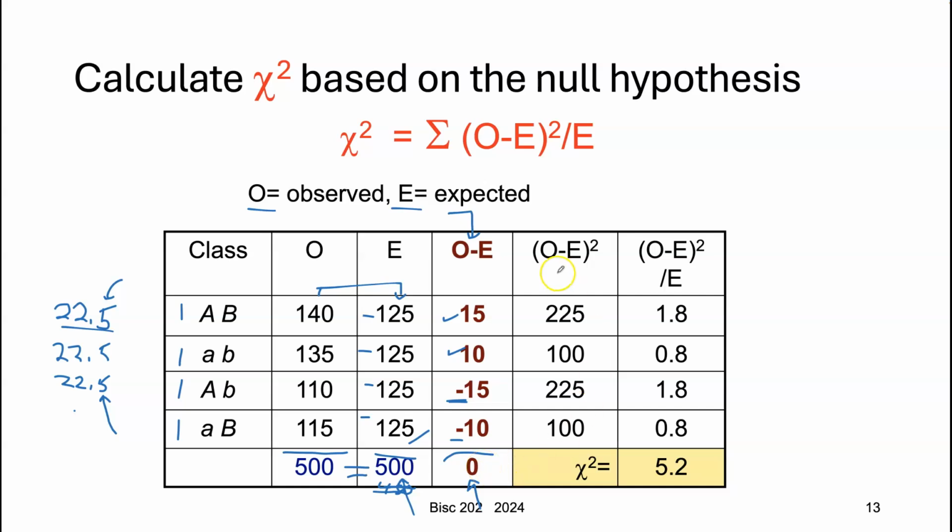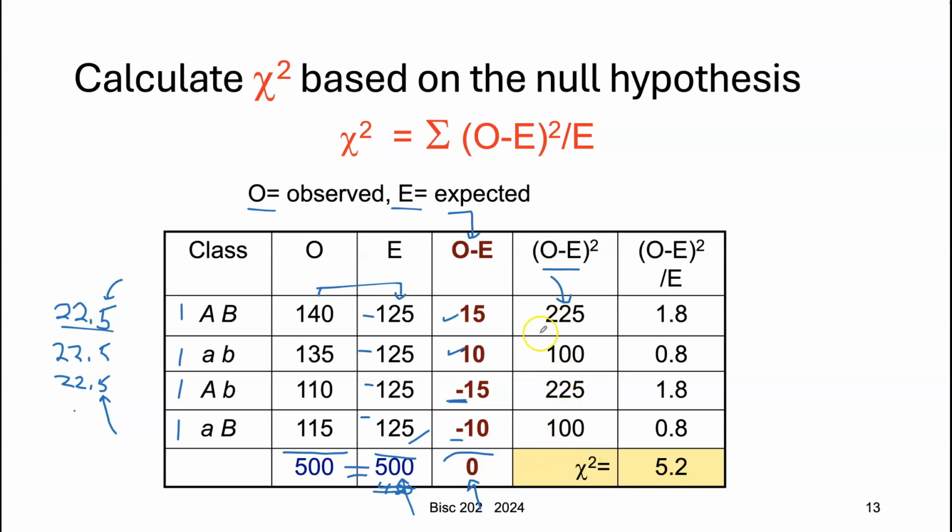Okay, and then you take the observed minus the expected squared, and that's that number here. We square it in part to get rid of any negative numbers, because the magnitude of the difference is the same. If it's 15 off in the negative direction, that's just as much off as being 15 over, right? So we make all those positive.